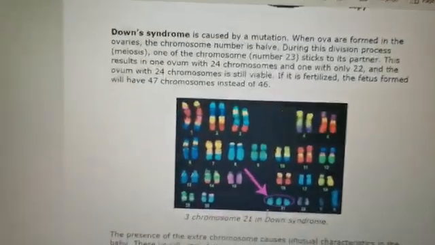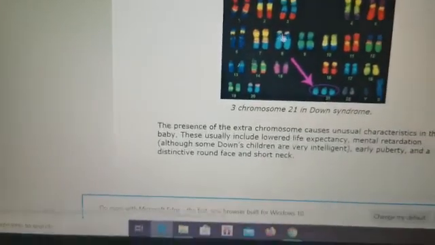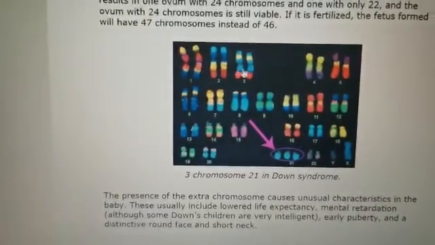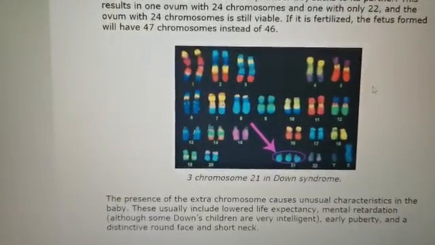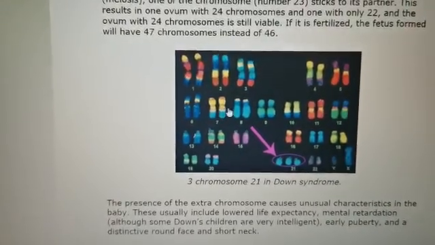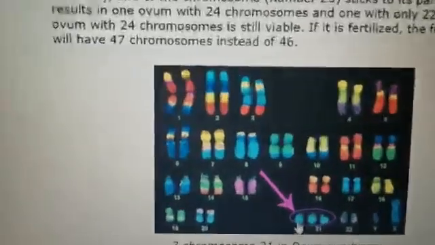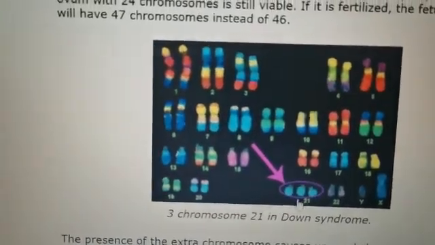If you are looking at the chromosome numbers here, you can see the first pair, second pair, third pair. You can see all are in twos, they are pairing. But what happened here in the 21st pair?